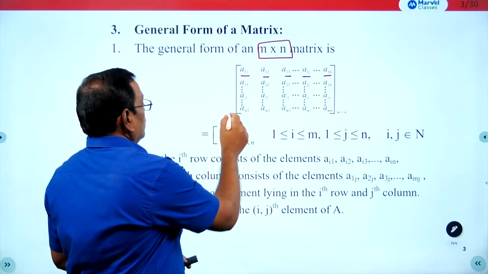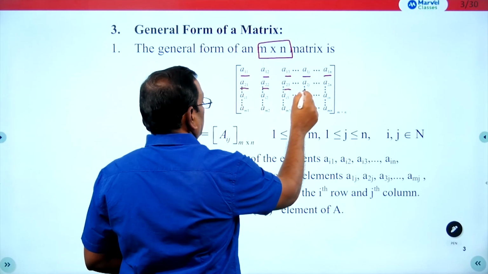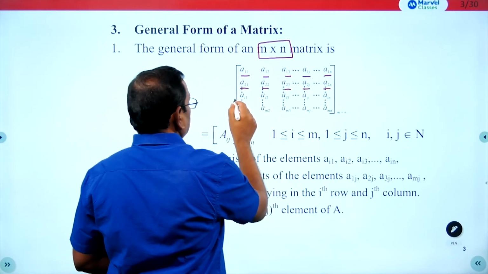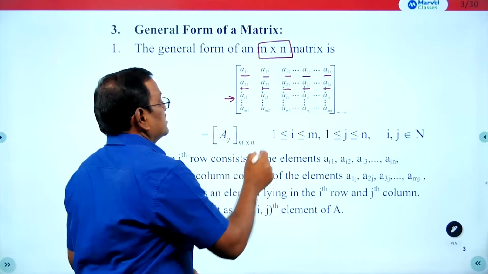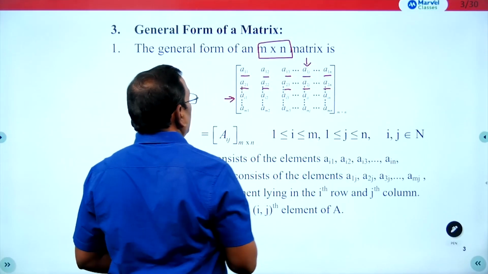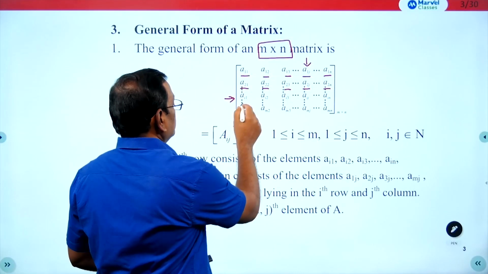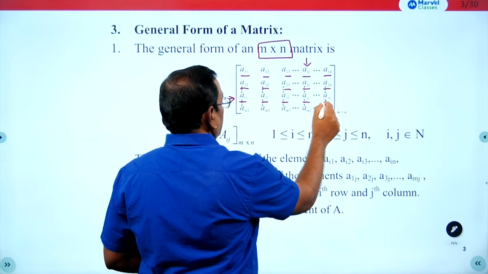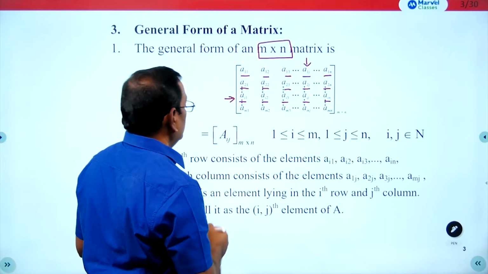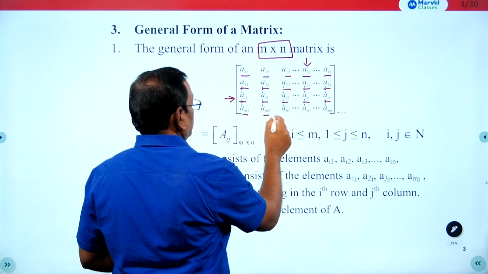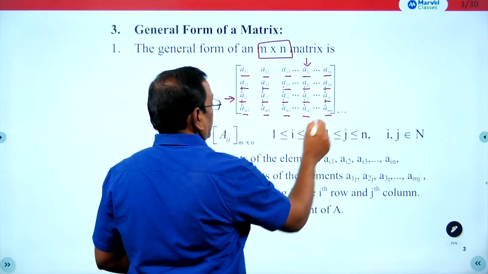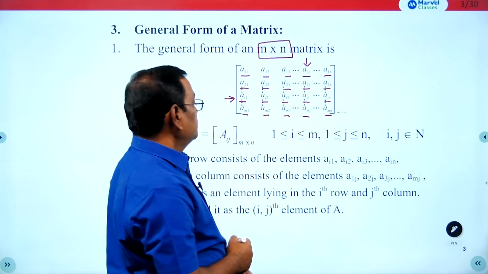The second row: A21, A22, A23, A2j and A2n. And Ai1, Ai2, Ai3, Aij, Ain, and the last row Am1, Am2, Am3, Amj and Amn, of order m by n.